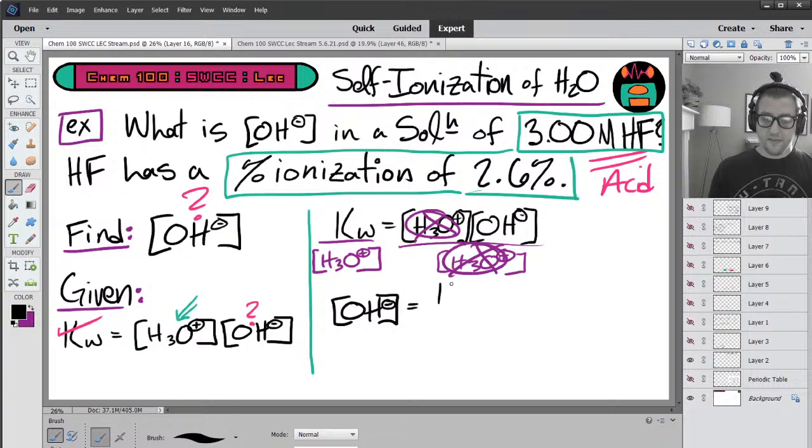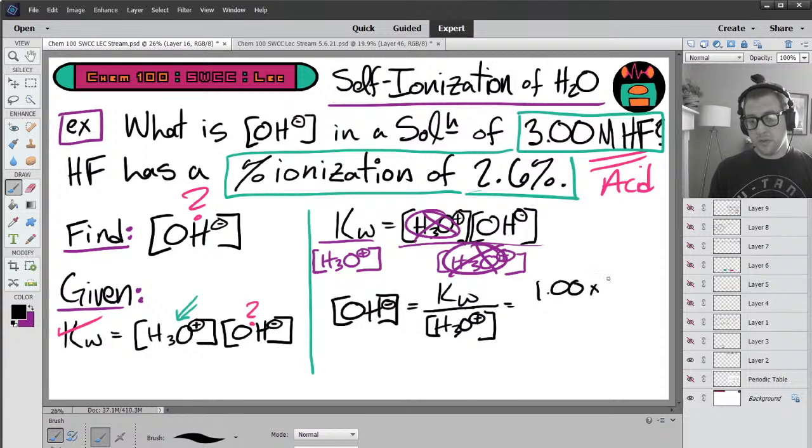So I have Kw over hydronium. It's my new expression. Kw is 1.00 times 10 to the negative 14. My molarity of hydronium is 0.078.